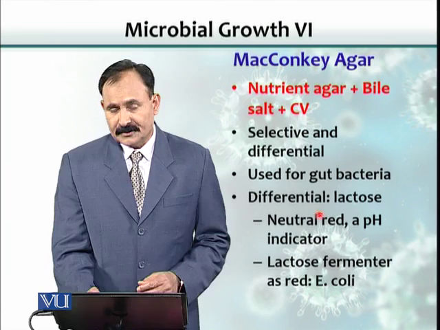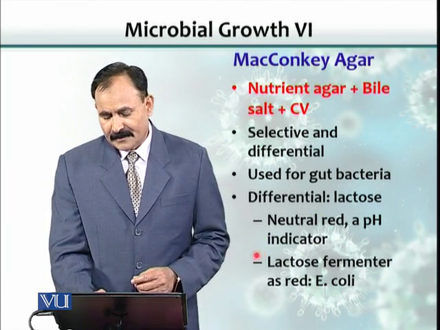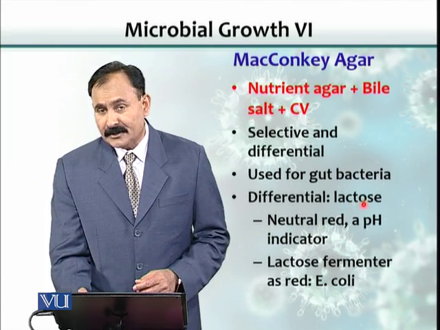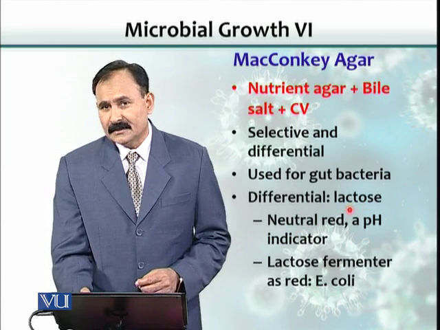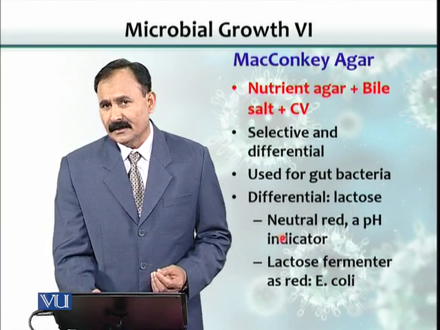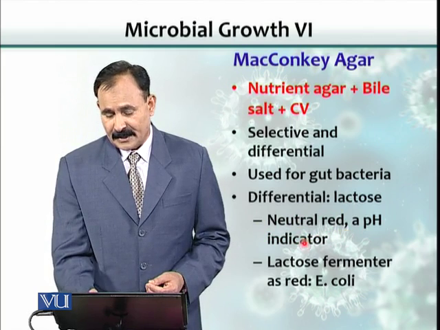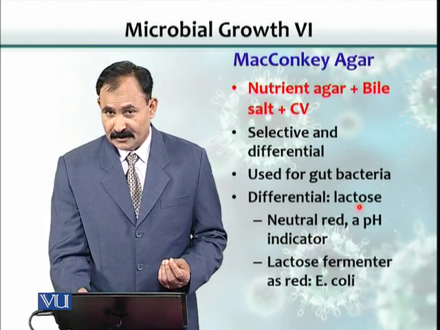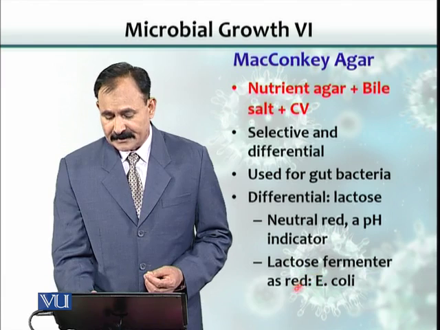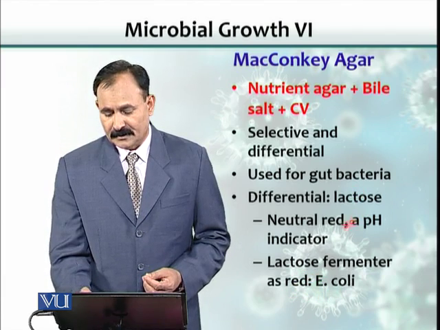What happens is there are certain organisms that belong to the gut. They can use lactose, and when lactose is used, it is converted into an acidic product, and that acid changes the color of the pH indicator. Those that are lactose fermenters would appear red. E. coli is an example of those lactose fermenters.